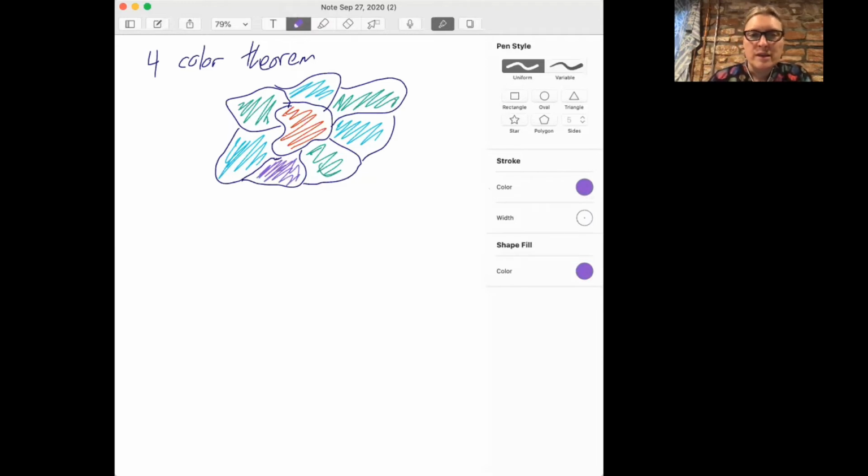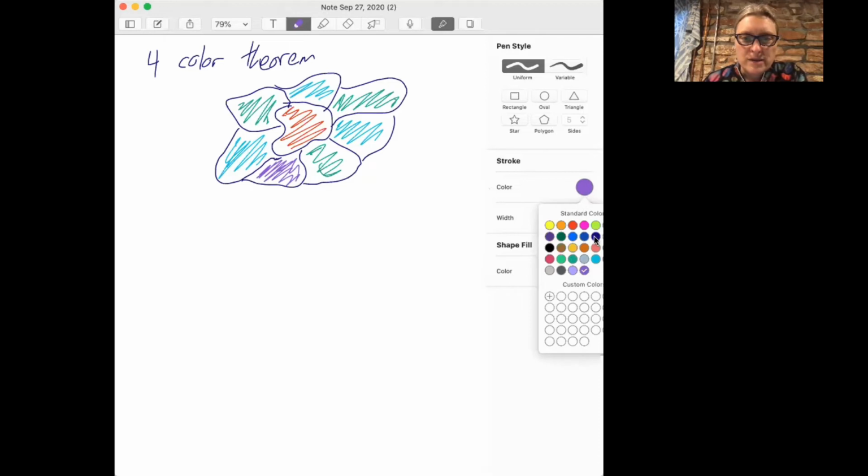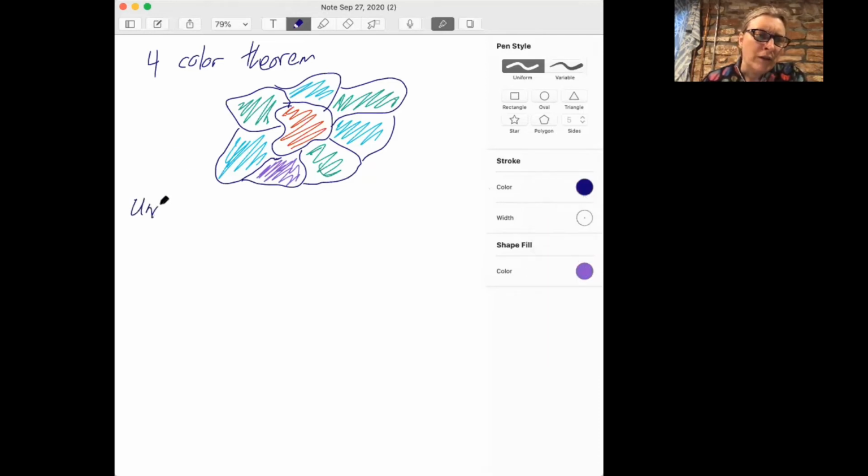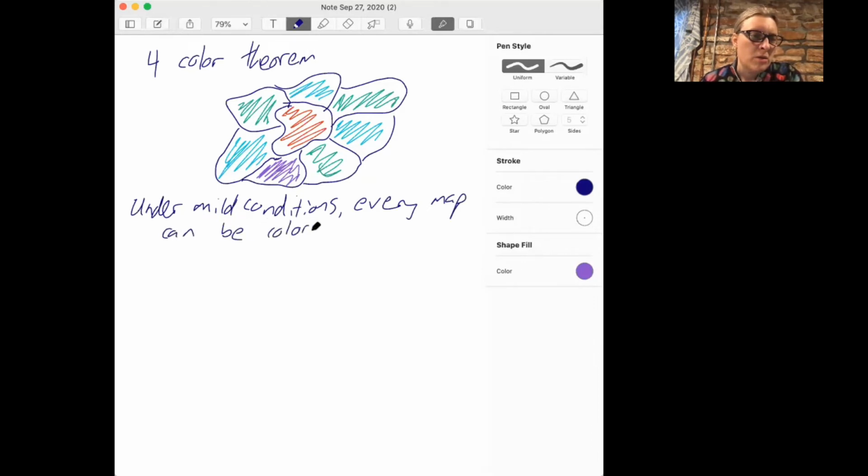This is an example of coloring a map with 4 colors. And the statement was that under some very mild conditions on what the countries look like, every map can be colored with 4 colors, so that no countries that share a border have the same color.